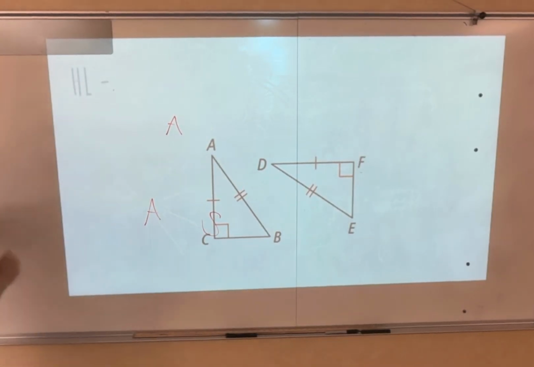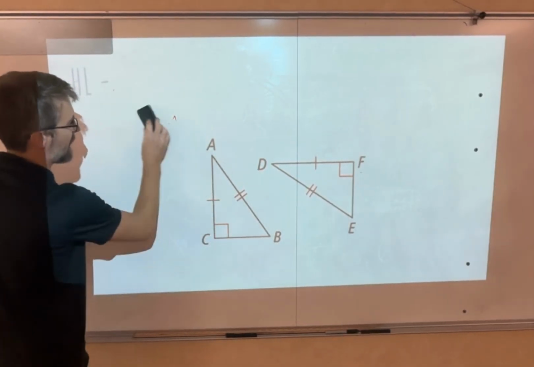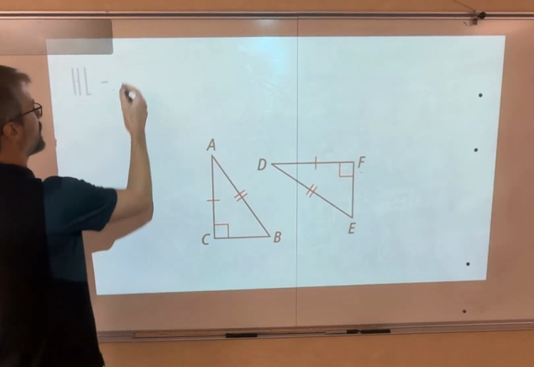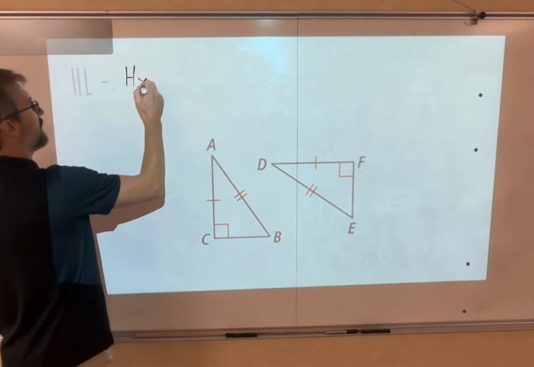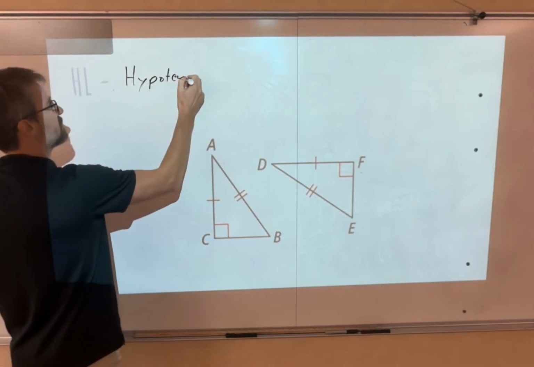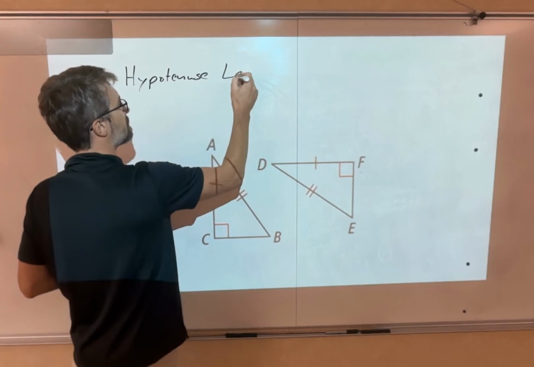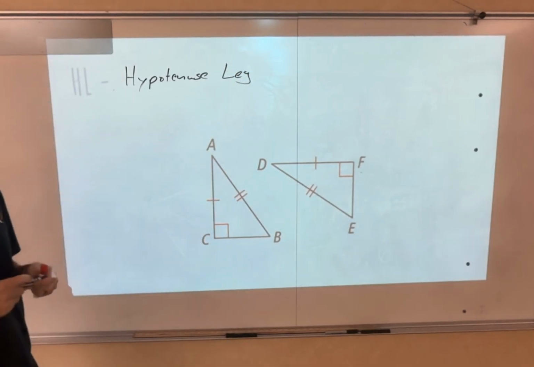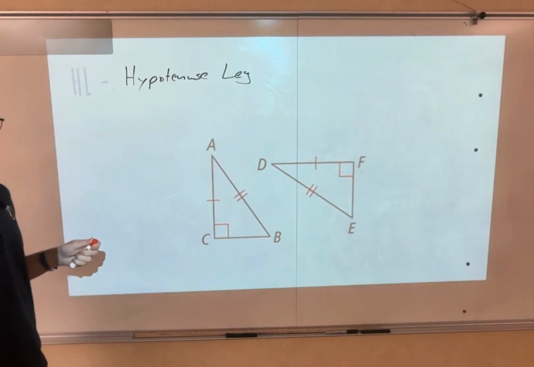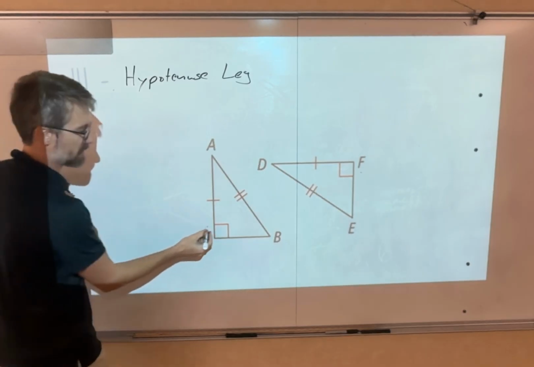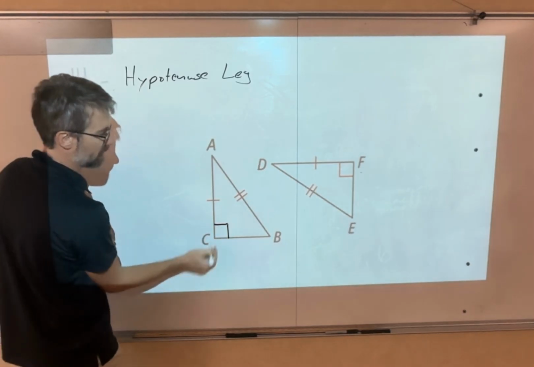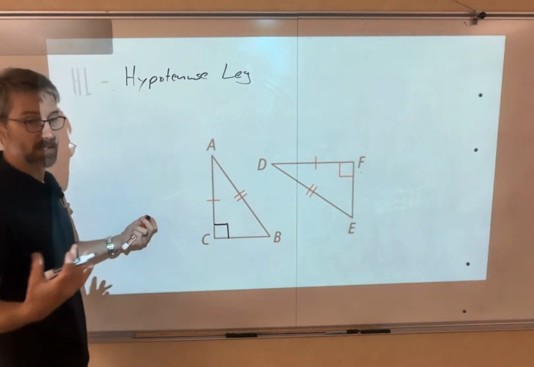And then the last one, this is a special one. HL, what this stands for is hypotenuse leg. Right? This is only in right triangles. This is the only time that this works. It has to be a right triangle in order to have a hypotenuse, so that's the only one that works.